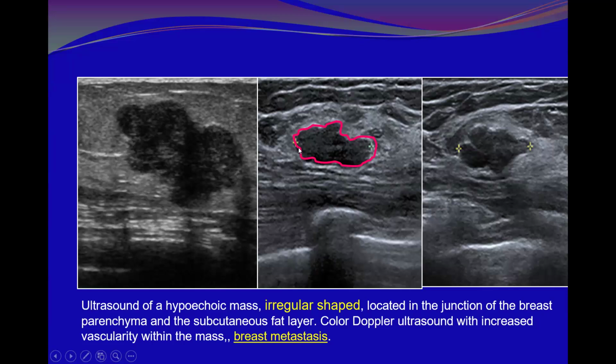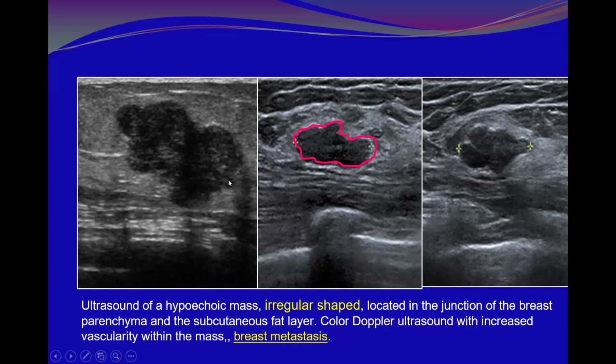Though here it gives the appearance that it might be irregular, all other features are more reassuring, but we have to put it as BI-RADS 4A and recommend biopsy to make sure that it is really benign. Although we are going more toward benignity, since it is atypical, we have to recommend biopsy.